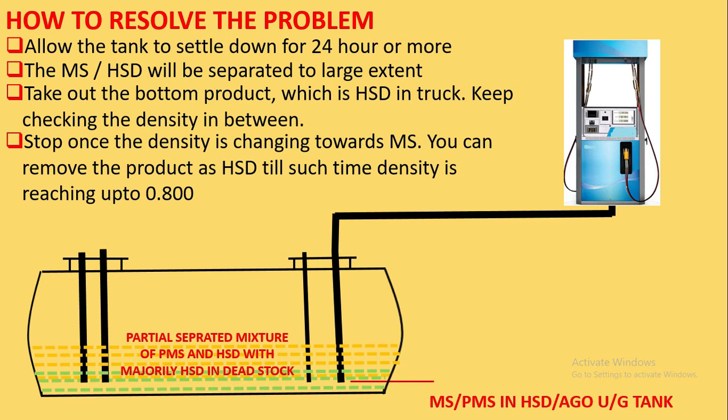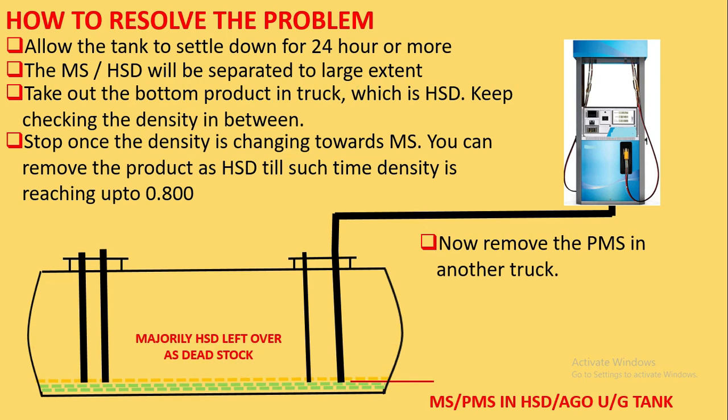Now the density is reduced, and you can use the same dispensing unit to remove the top layer of the product into another compartment of the truck. Then the tank will have primarily HSD as dead stock and a very thin layer of the interface just above the dead stock level, which will be majorly a mixture of MS and HSD.